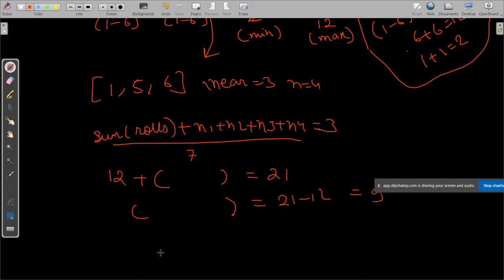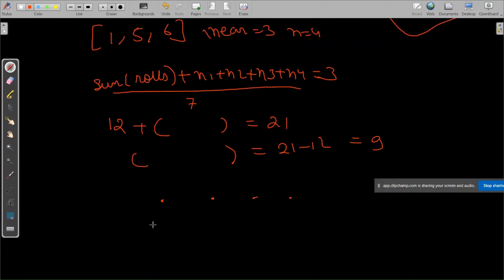Now how to distribute this 9 among these four people? First of all, what will I do? I will give 1, 1, 1, 1 to each of them. Now I see that I can give 2, 2, 2, 2.